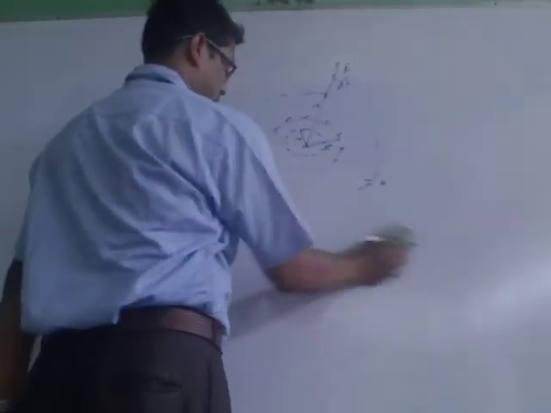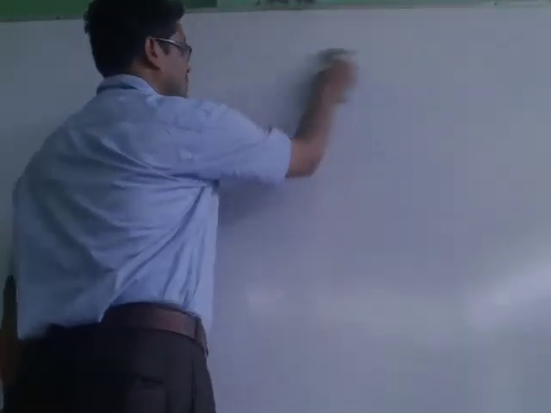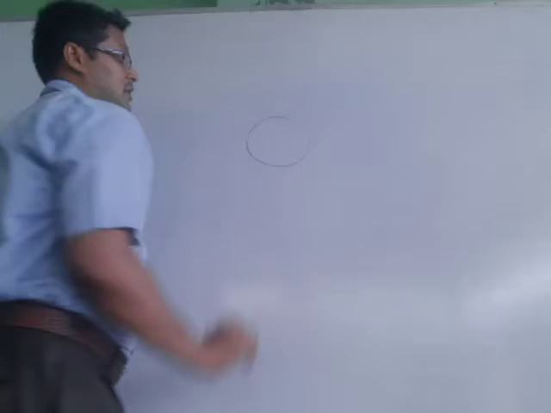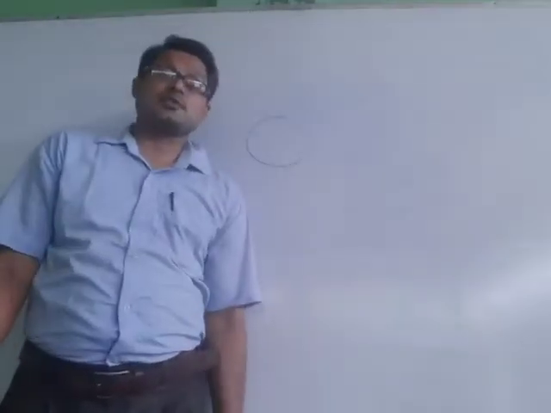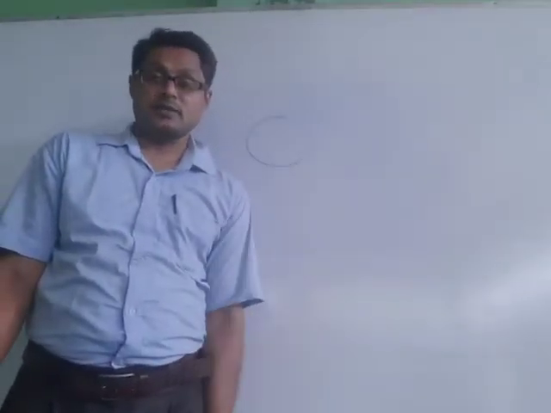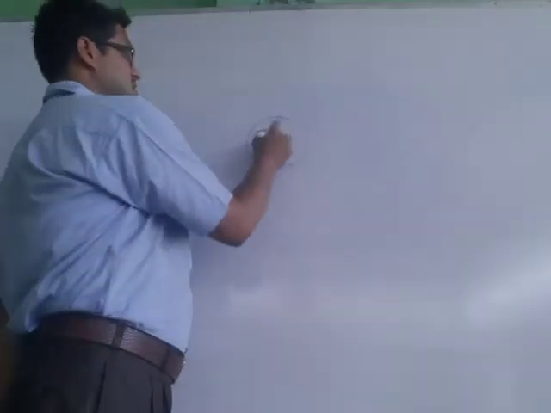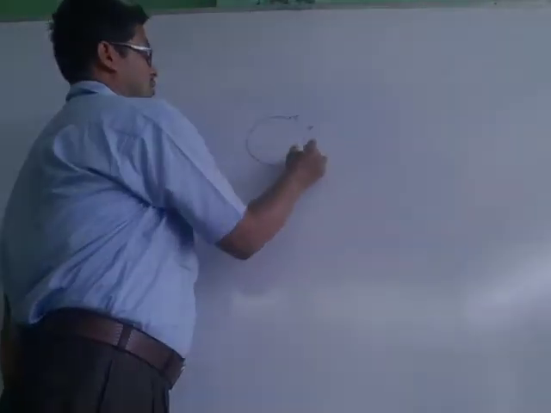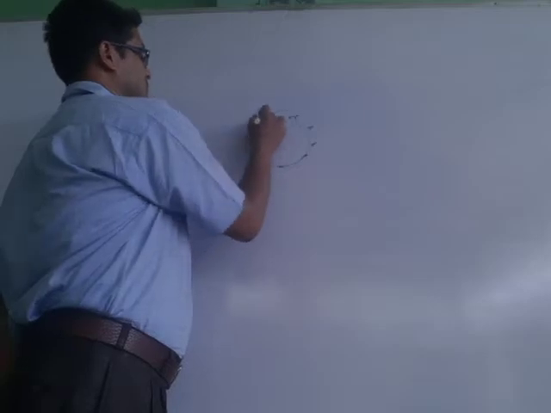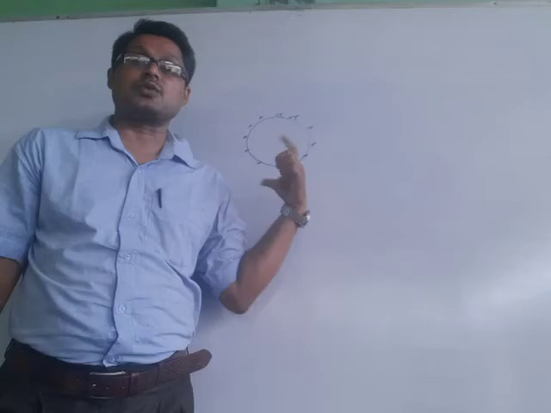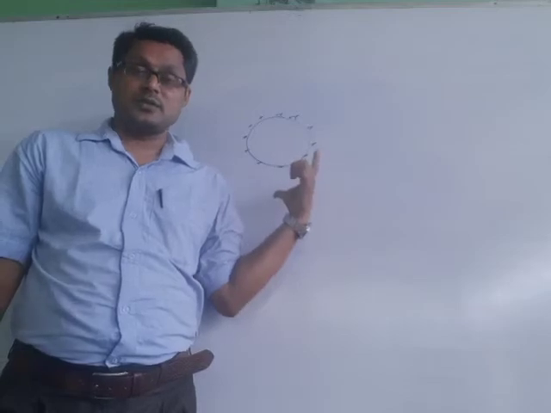Now intensity due to charged solid sphere. This is a solid sphere. First I am considering a solid conducting sphere. Conducting solid sphere means metal. So whenever charge is given, it will go to the outer surface. For a conducting surface, if charge is given, it will go to the outer surface always.